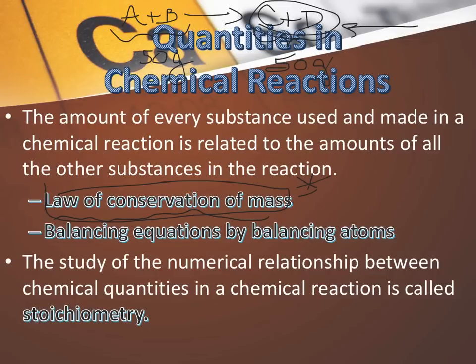It's important to point out that before doing any stoichiometric calculations, you must have a balanced equation. When you balance a chemical equation, you get the coefficients, those large numbers in front of each chemical, correct. Until you get those correct, none of your stoichiometric calculations will be correct.